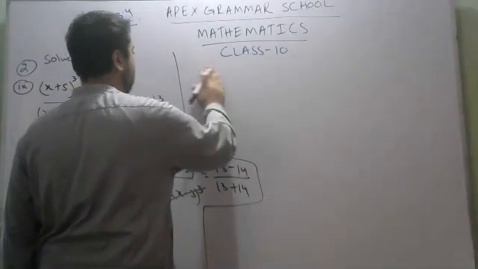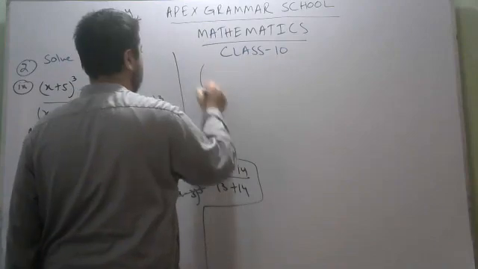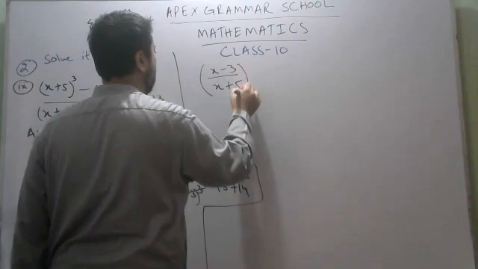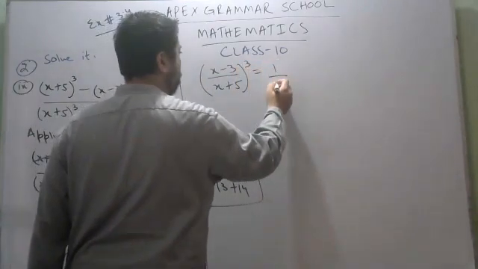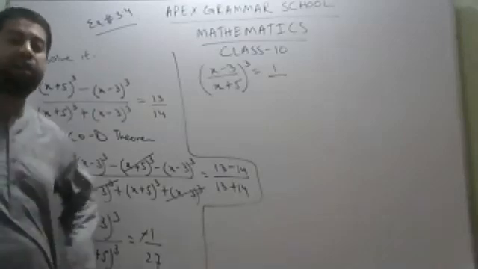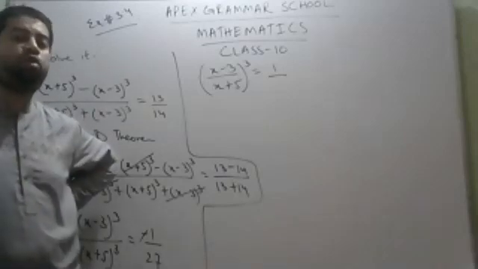Now you can write it as x minus 3 divided by x plus 5 whole cube is equal to 1 over 27. But you know that 27 is cube of 3.